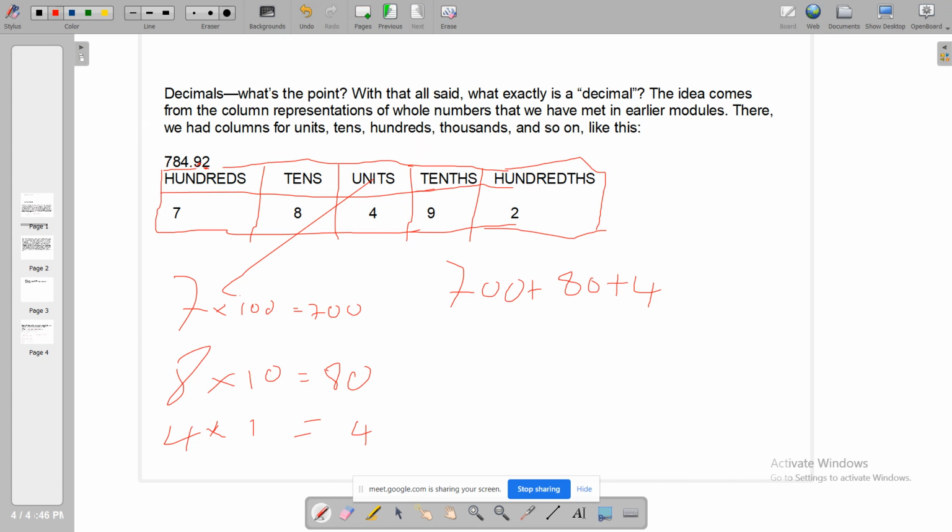And then when you are at this column, the 9 is at what? Tenth. It means we just need one of this to get to this unit, 1 unit. You need 1 to add to get to 1 unit. Here this is hundredth, so the whole thing, you need 8 of this to get to 1 unit.